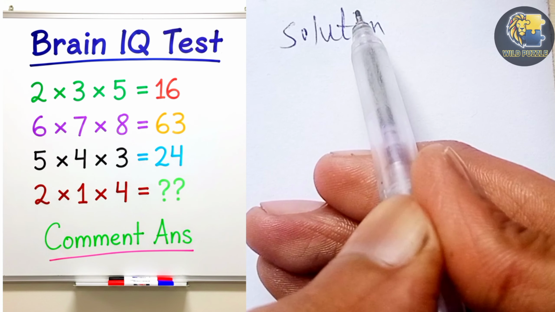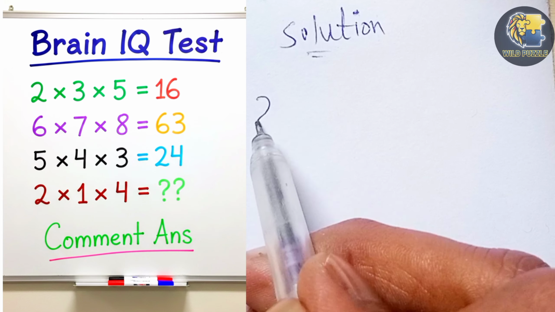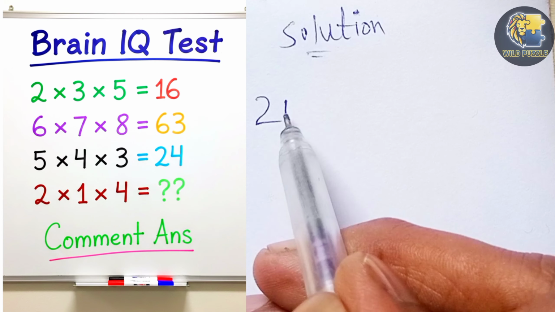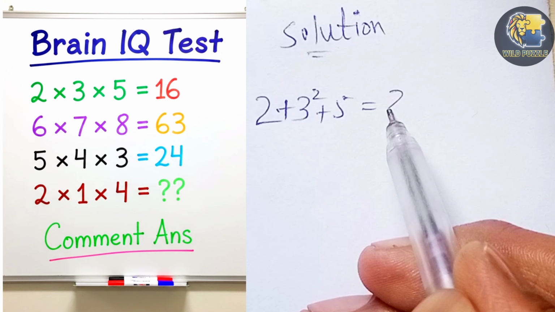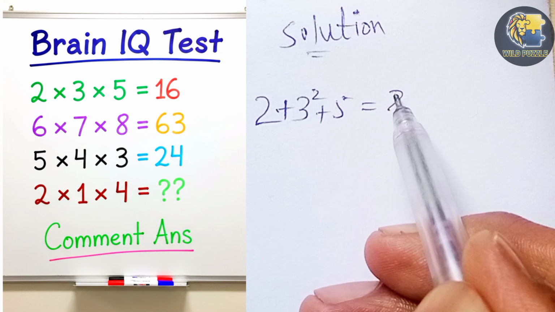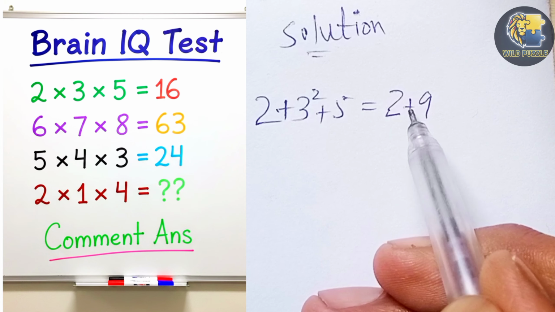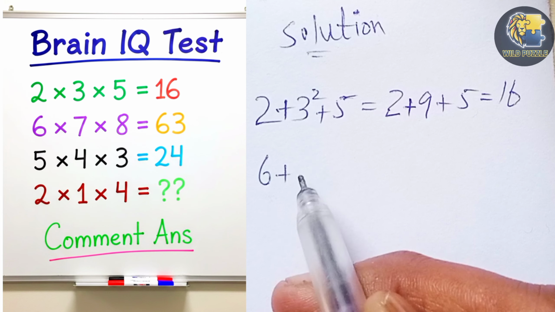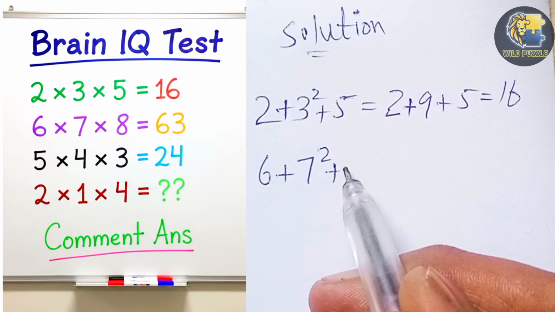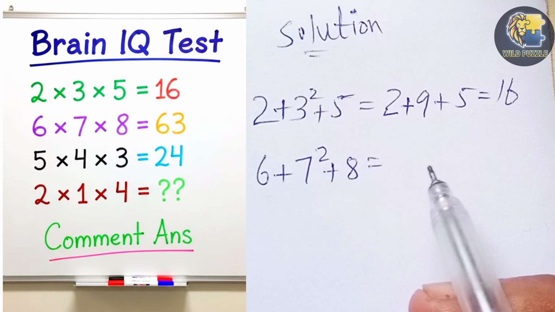The pattern or logic behind these equations is a plus square of b plus c. For equation 1, 2 plus square of 3 plus 5 equals 16. Now we solve all equations following this pattern.